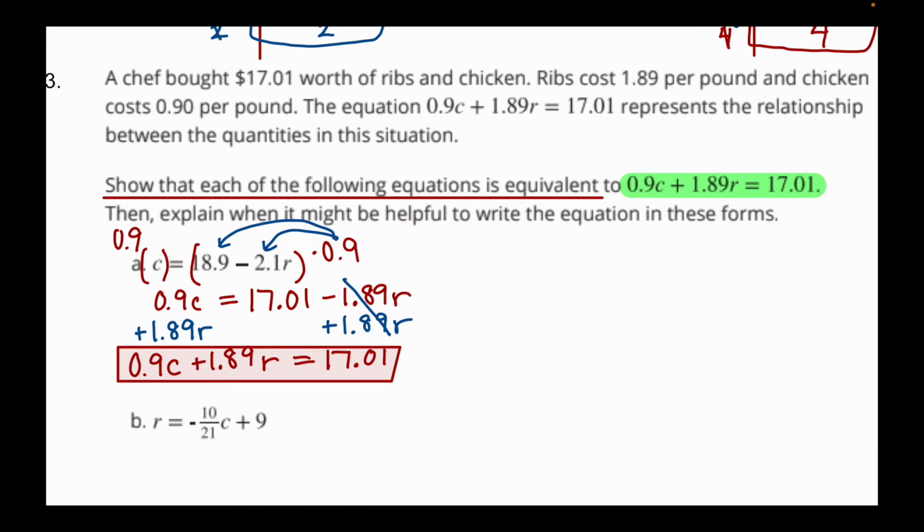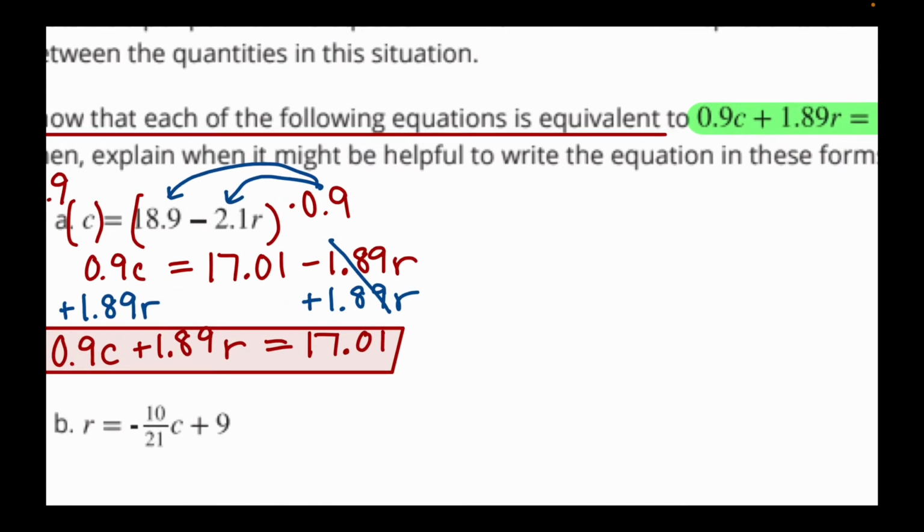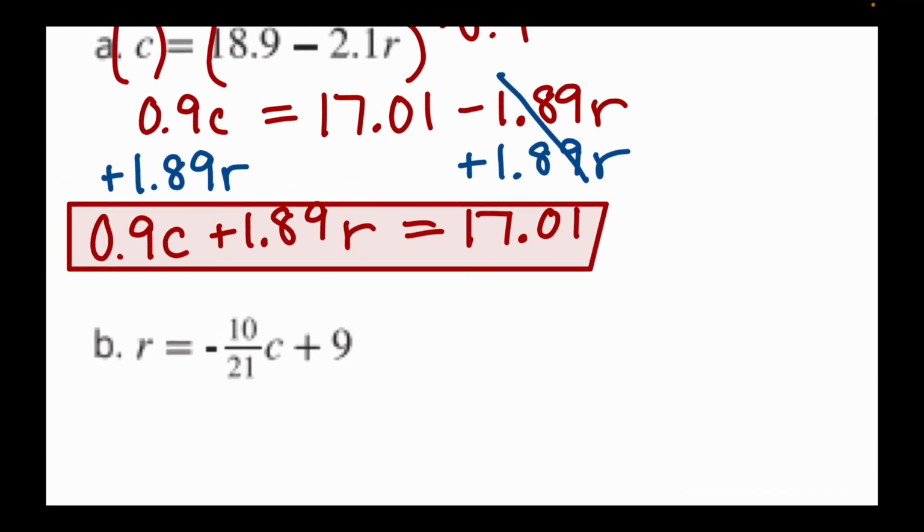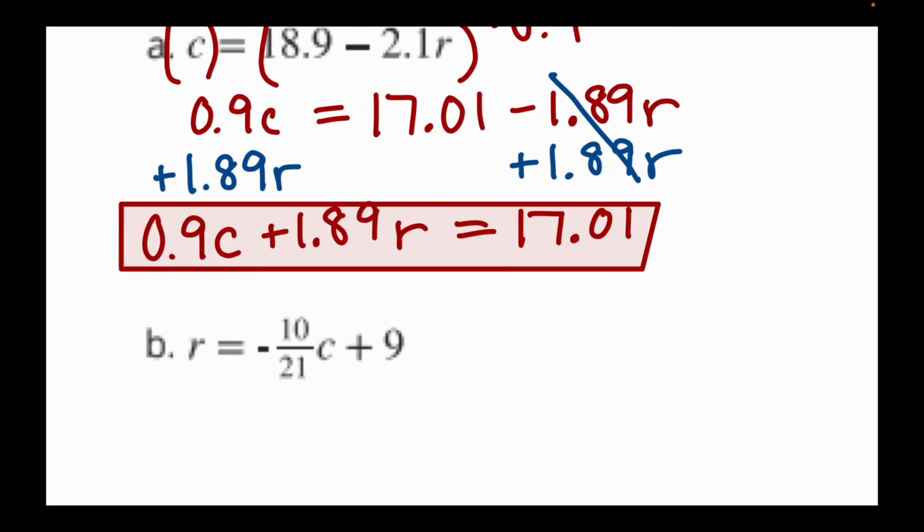Now for part B, we're starting with R solved. So we're going to try essentially the same thing. We just need to start with multiplying through. So let's multiply through by what R's coefficient needs to be. And in this case, it looks like it needs to be 1.89. So let's take R and multiply this by 1.89.